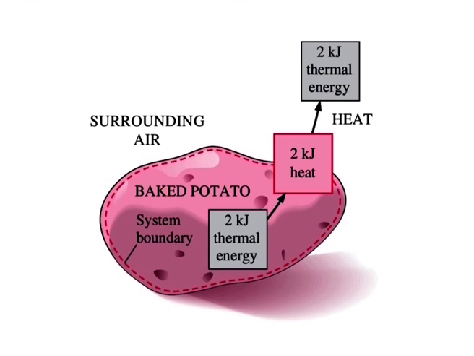The potato contains energy, but this energy is heat transfer only as it passes through the skin of the potato, that is, the system boundary, to reach the air. Once in the surroundings, the transferred heat becomes part of the internal energy of the surroundings. Thus, in thermodynamics, the term heat simply means heat transfer.